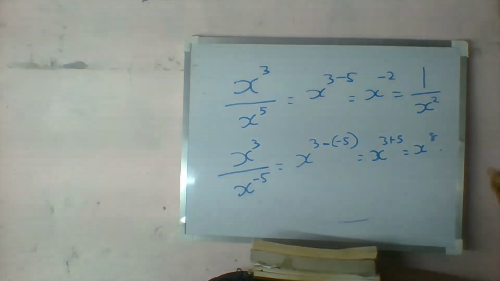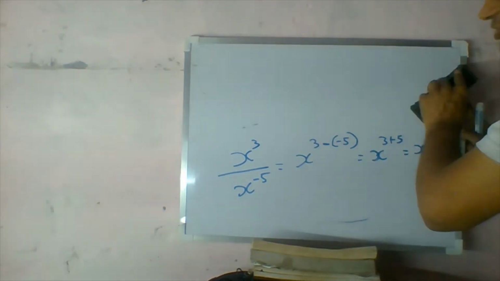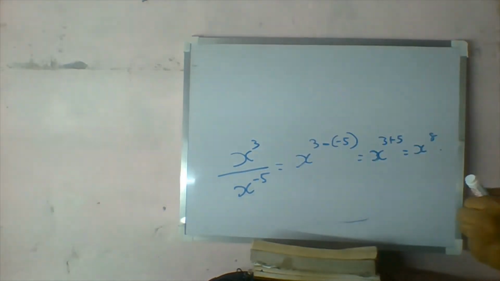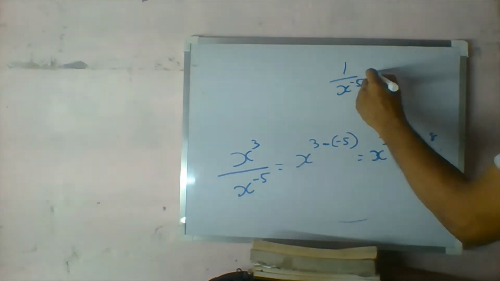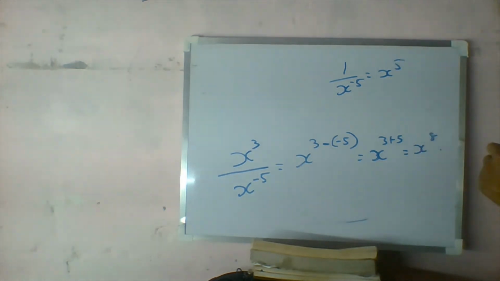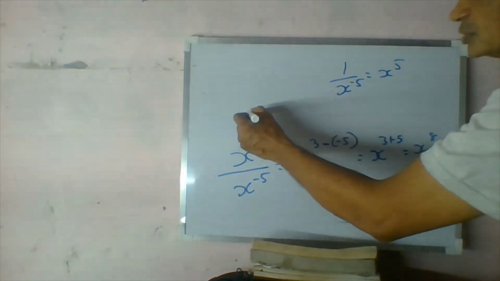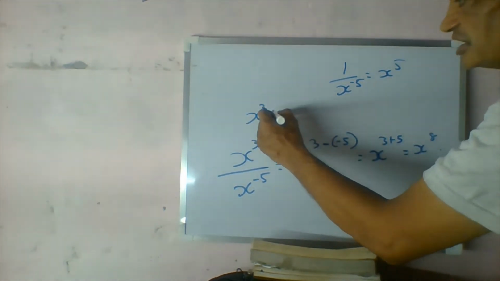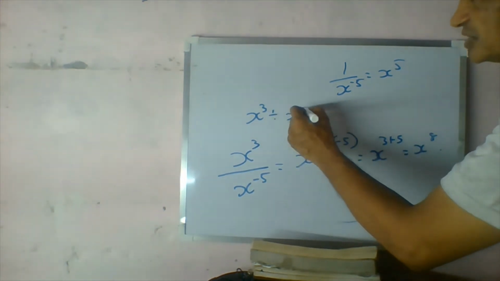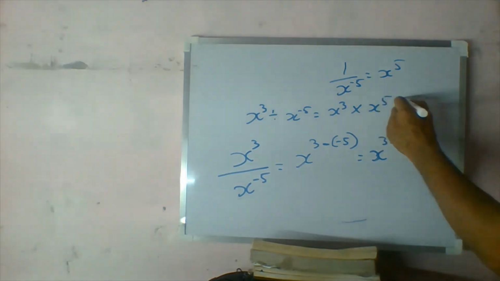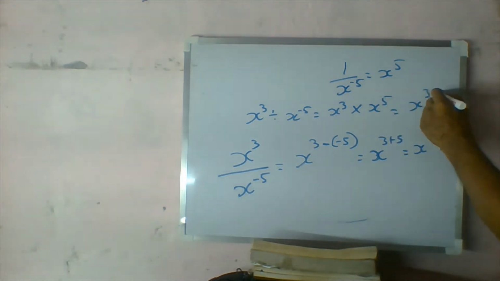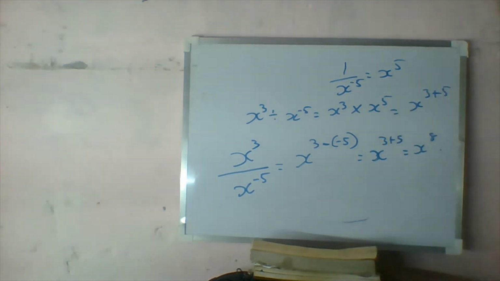Obviously, why so? Because we know 1 by x raised to minus 5 is x raised to power 5. So x raised to power 3 divided by x raised to power minus 5 is actually x raised to power 3 multiplied by x raised to power 5, hence 3 plus 5. So nothing wrong here.